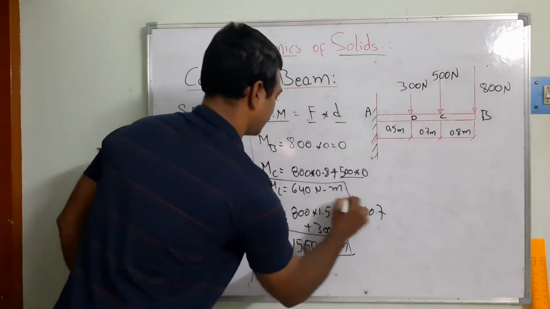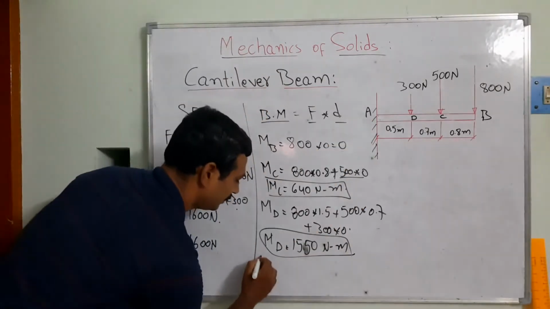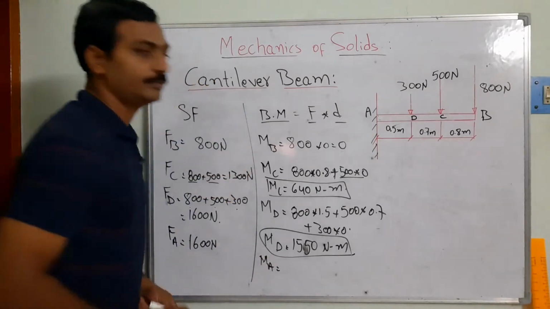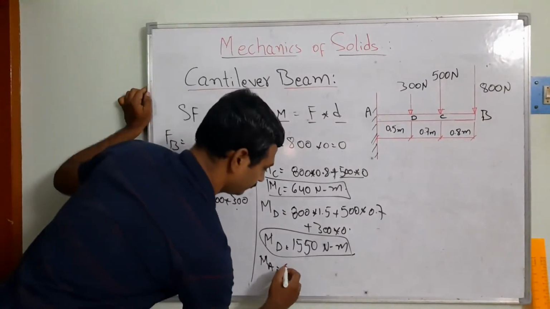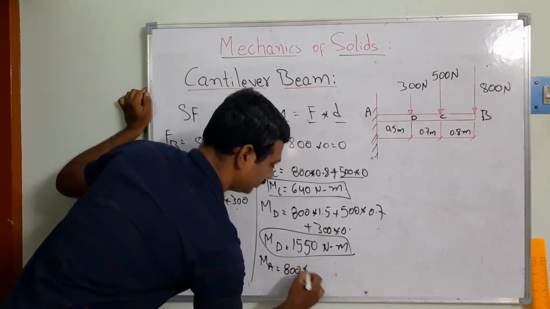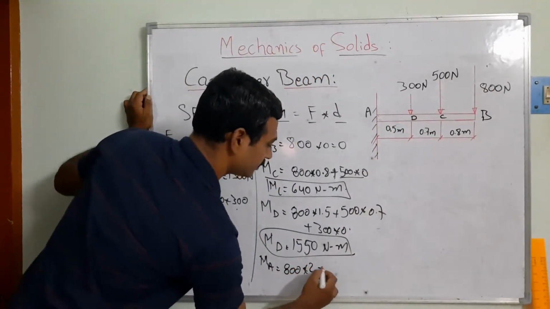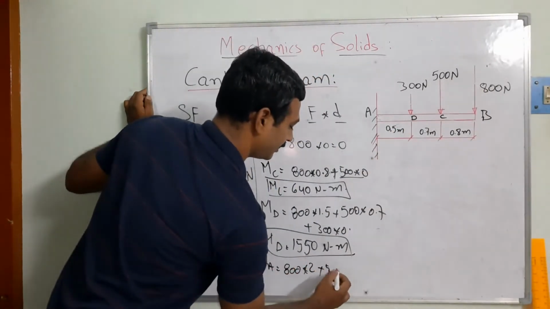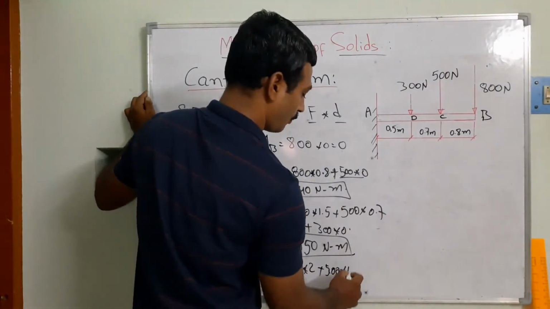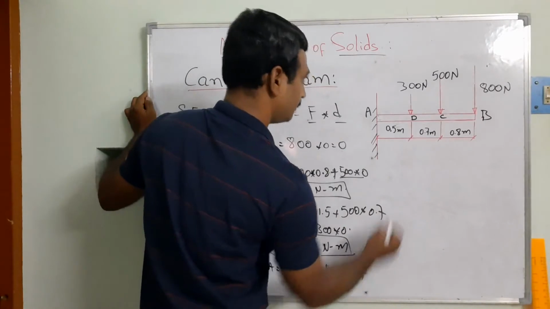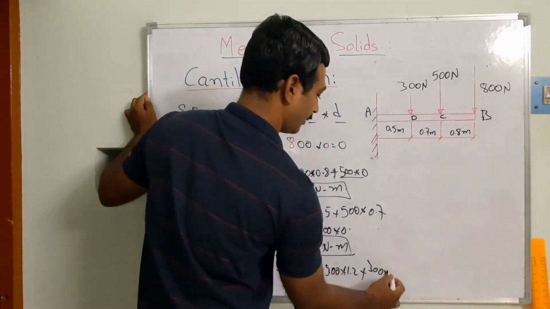Now we need to find out the moment at A. The moment at A is equal to 800 times the distance. This is the line of action and this is the point, so that is 2 meters, plus 500 into the distance here, which is 1.2 meters, plus 300 into 0.5.